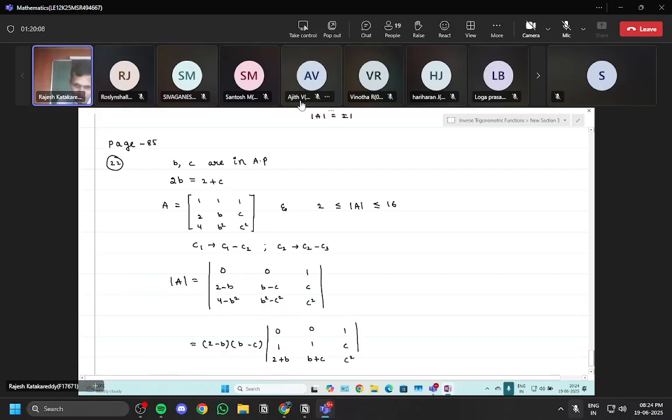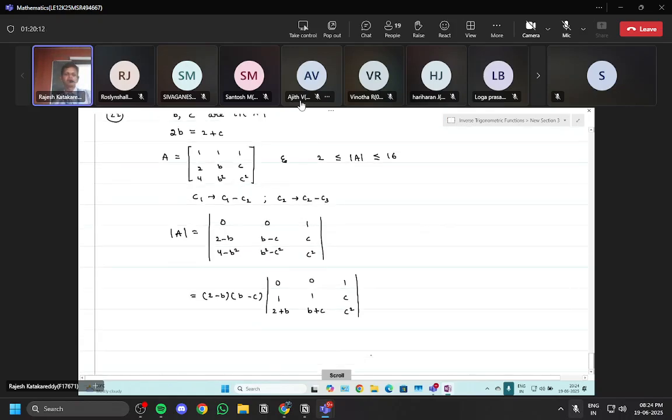I can also use the operations, but I'm not willing to use them. We will expand here. We can do it if we want, but this is easier, so we will expand. Using row 1, expand: 0 into whatever is 0, minus 0 into whatever is 0. Last is 1 into the determinant of [1, 1; 2 plus b, b plus c].